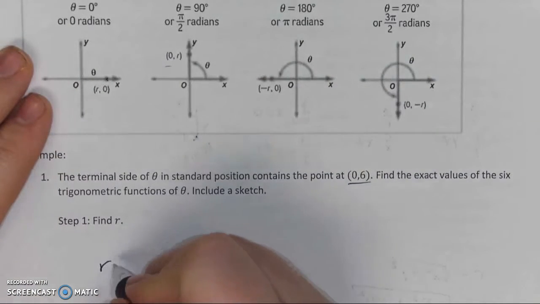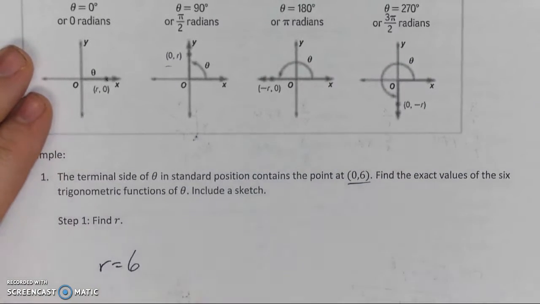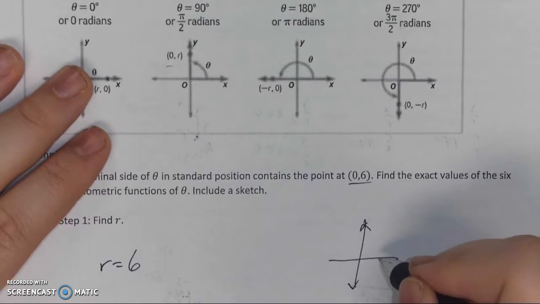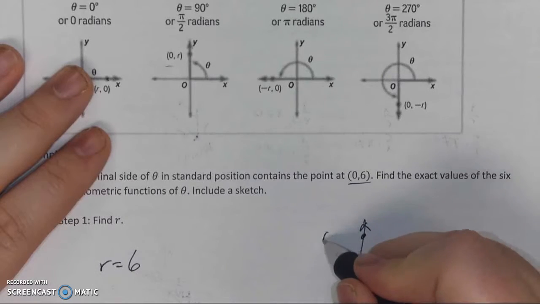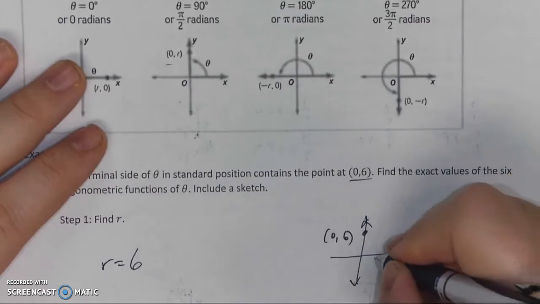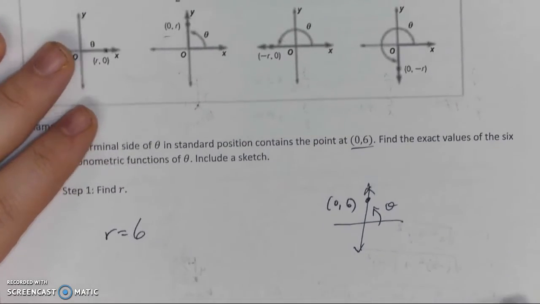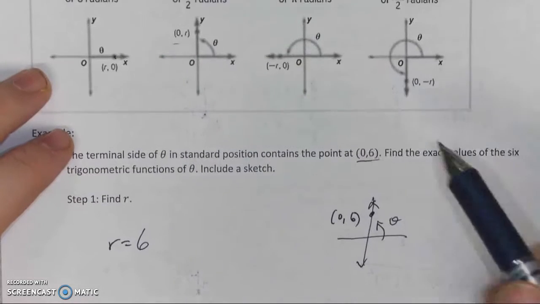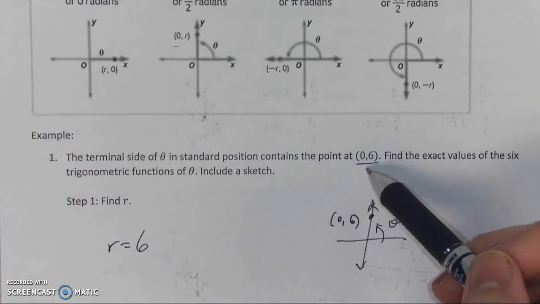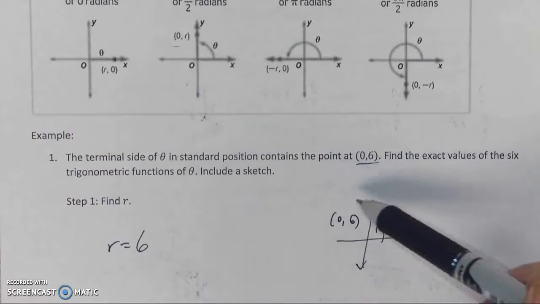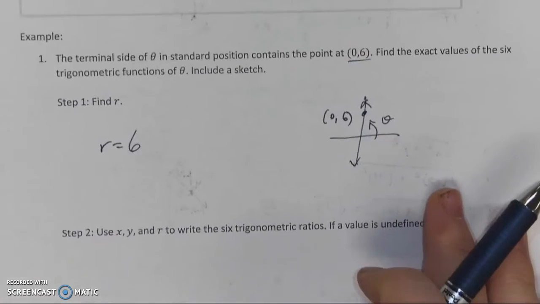So my r is 6. If we were to draw this angle, it would be this one right here, 0,6. This would be the angle theta. All I did was use the fact that this corresponded to the point 0 comma r.